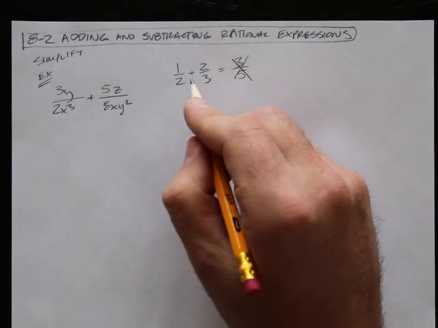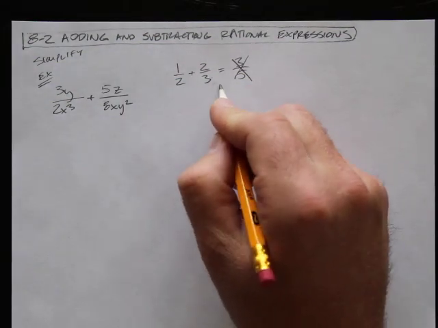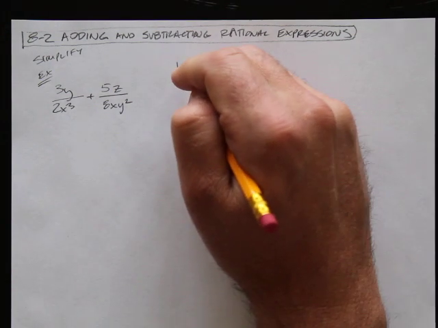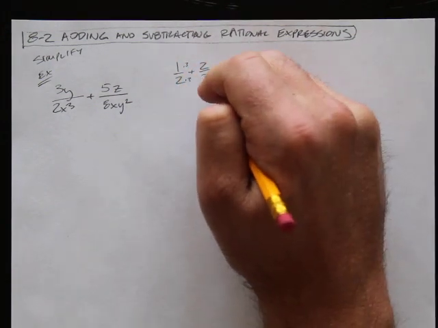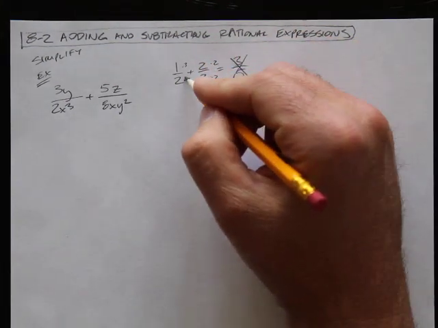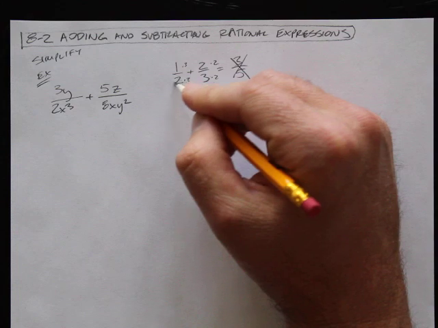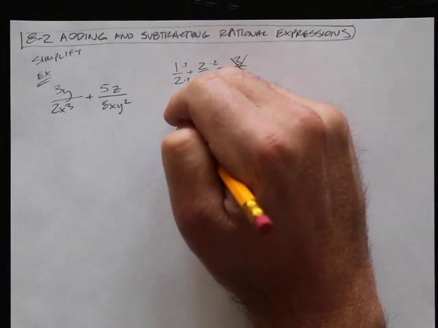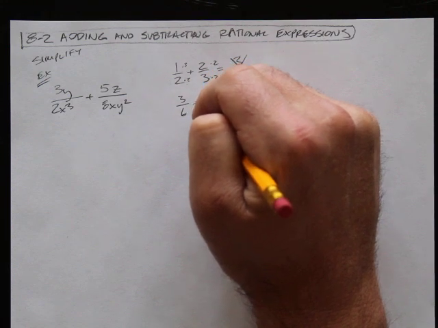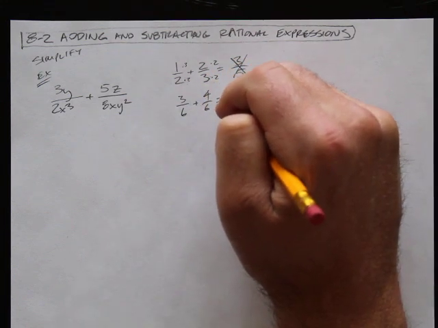What we have to do is find a common denominator. So we multiply the bottom by 3, the top by 3. What we do to the bottom, we do to the top. The bottom by 2, the top by 2 for this one, so that we have a common denominator of 6. And so 3 over 6 plus 4 over 6 equals 7/6.